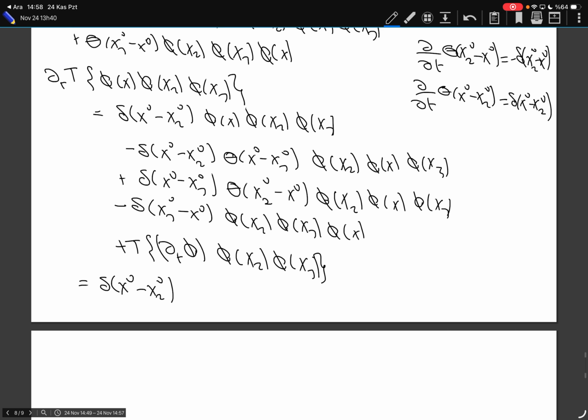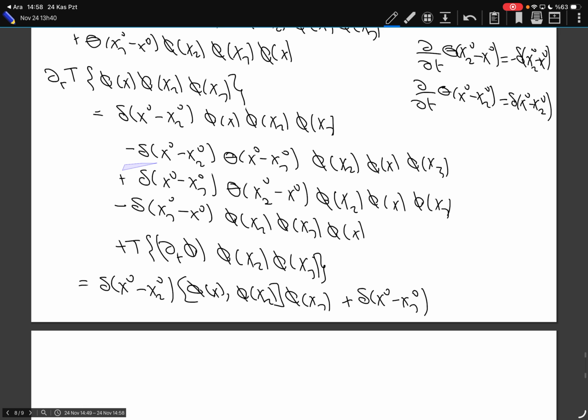So I have phi of x, phi of x2 commutator, phi of x3. These are the first two lines. Then I have terms proportional to Dirac delta x0 minus x3 0.